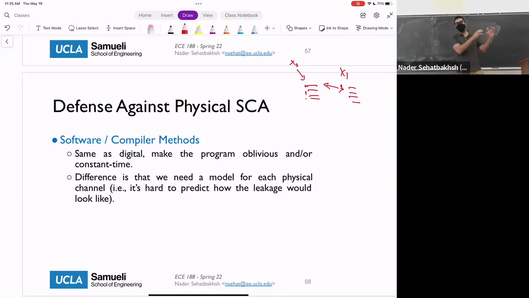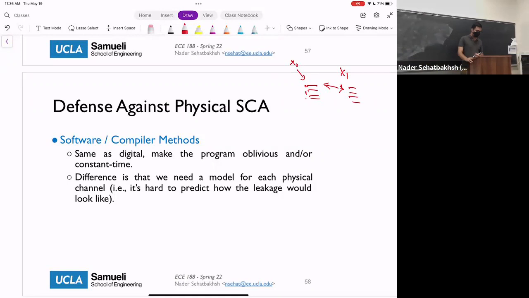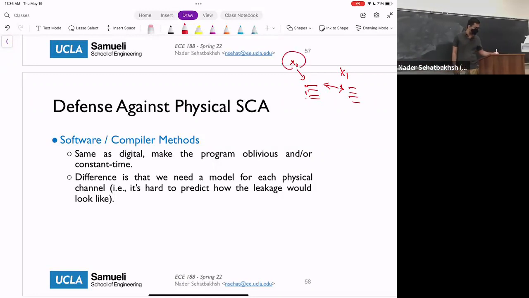If you do the exact same thing, you will get the exact same signal. So what you can do is create a pattern such that, regardless of what your value is, you always run the same type of instructions, or at least the same sequence of instructions, or at least the same number of instructions.